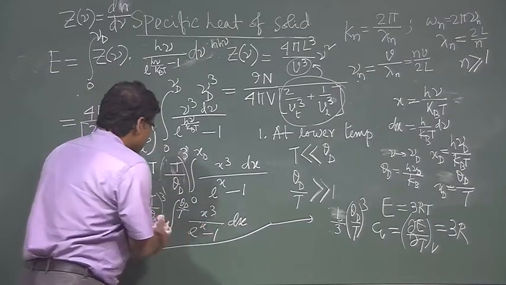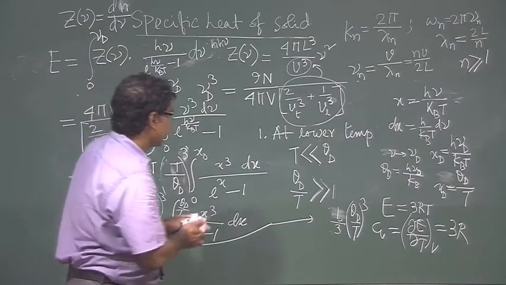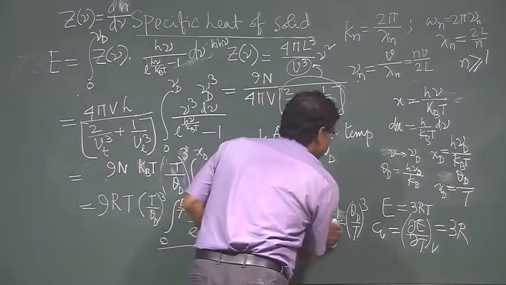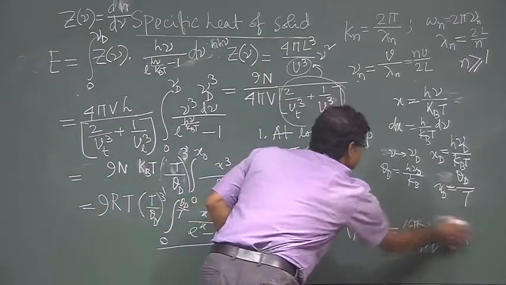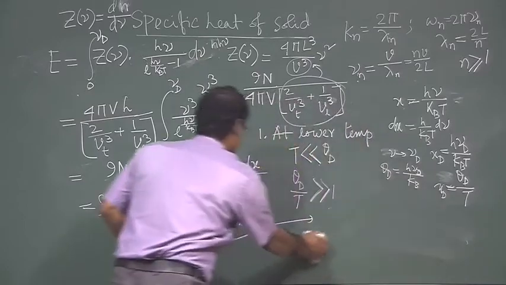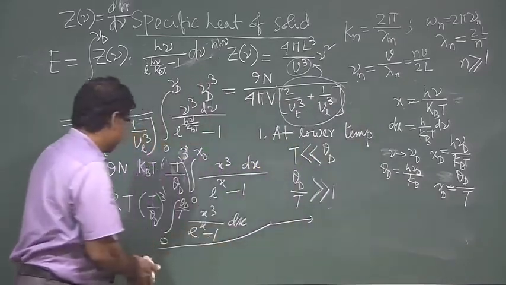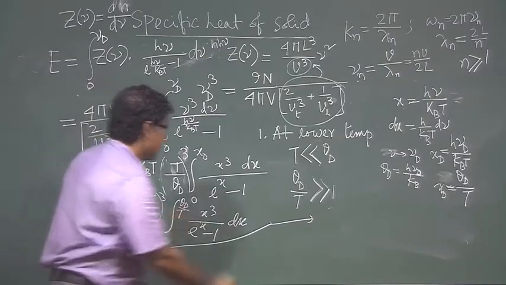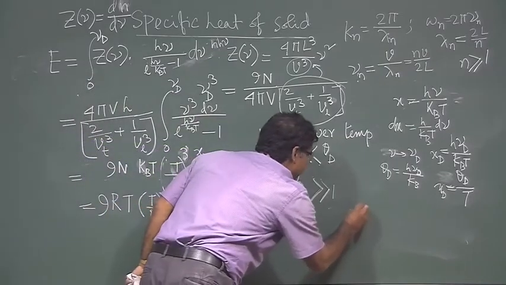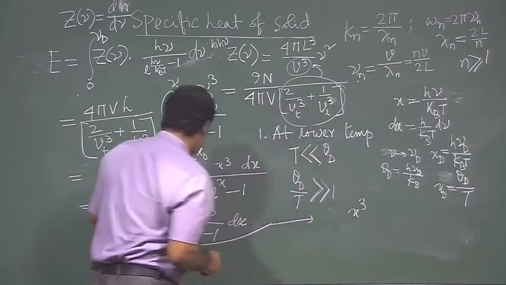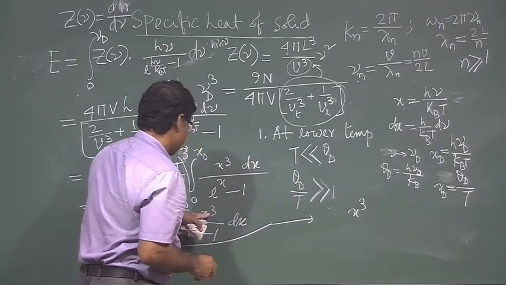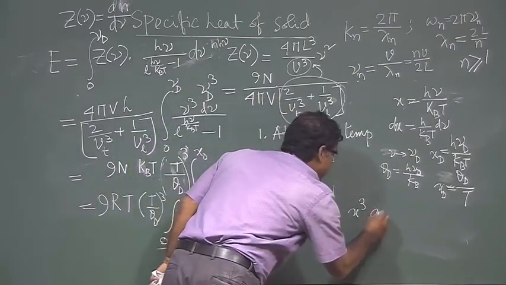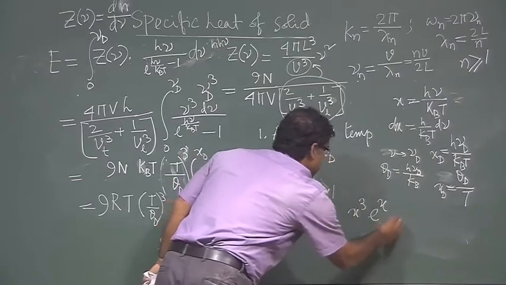So this we can write, so I think I will delete it here. So, this integrating part, what will I get? I will get x cube and e to the power x dx.